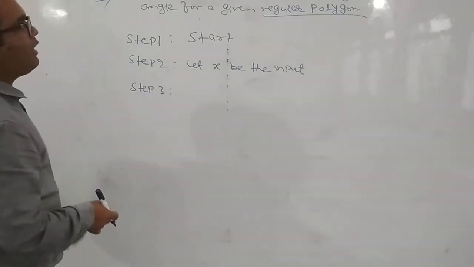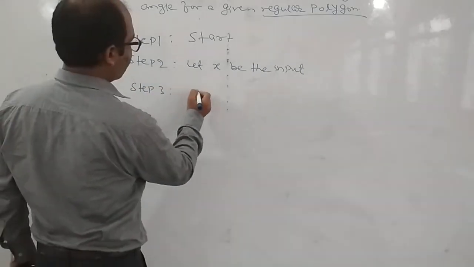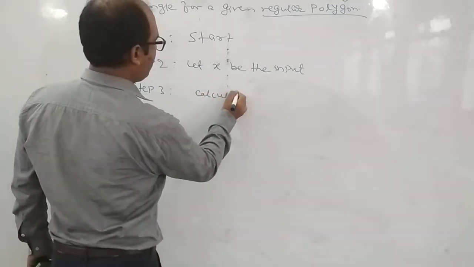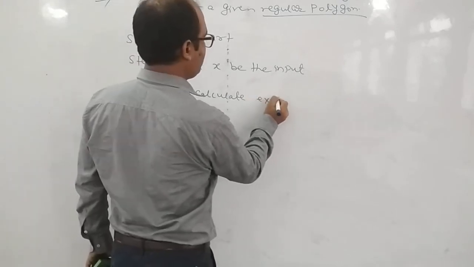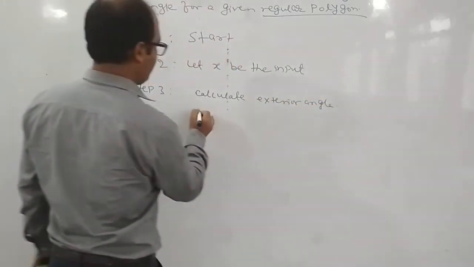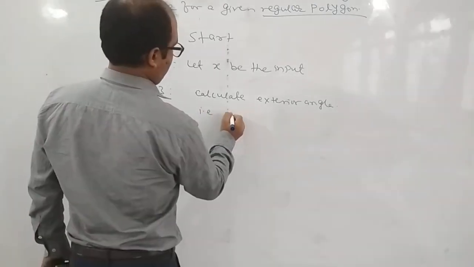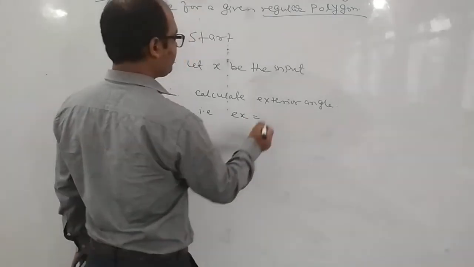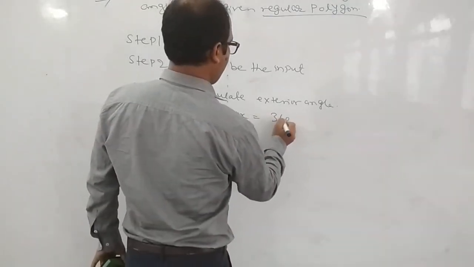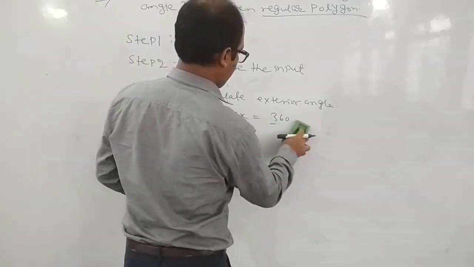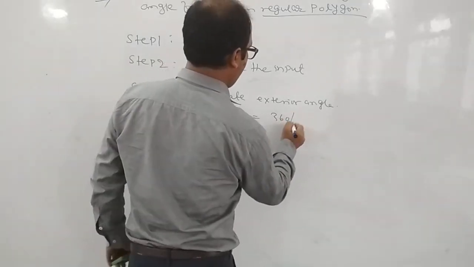So we need to calculate the exterior angle. So calculate the exterior angle, that is EX. Exterior angle is equal to 360 divided by this x. 360 divided by x.